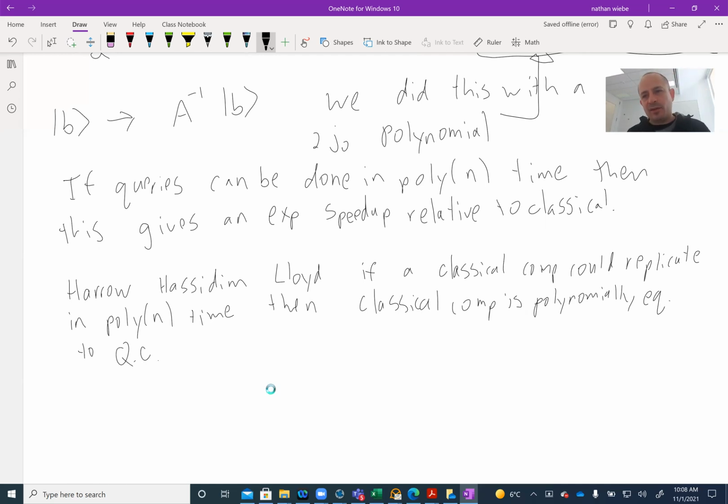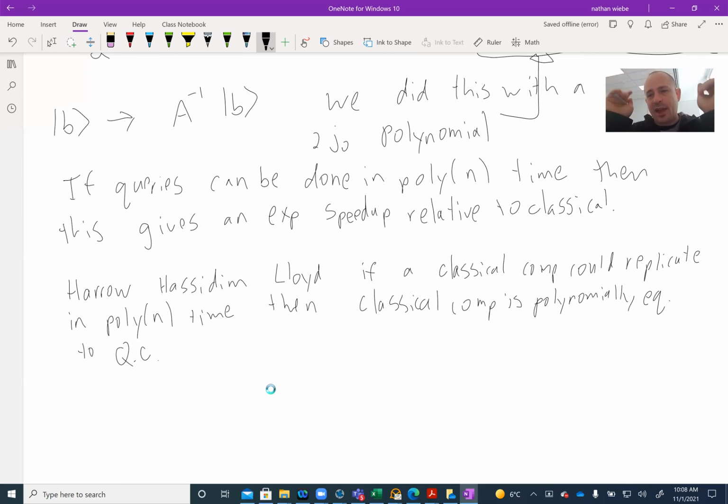Okay, and that is something which nobody believes to be true, and gives a very good reason to believe that this speed up is really unlikely in general to be one that classical computers can get around.